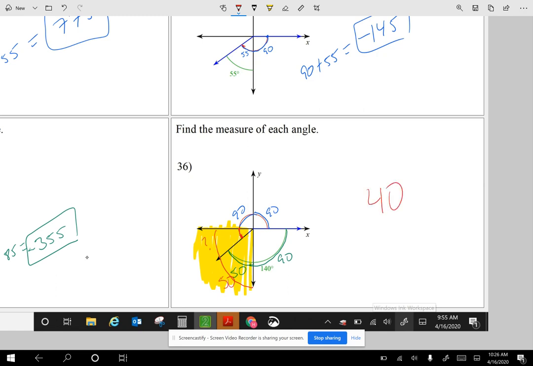My angle, I was going counterclockwise, so that means it's positive 40. I mean, not positive 40. This is 40, but I had to add 90 plus 90 plus 40. That's 220.